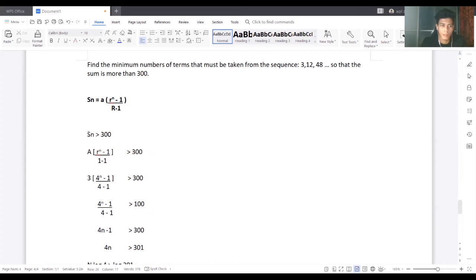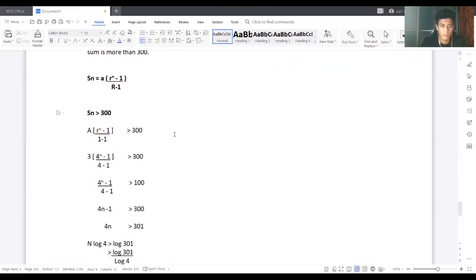To make it easier, we just need to highlight it so that we don't get confused. Then we just use this formula, and we just type it like this, and then the 300 we need to put beside this.